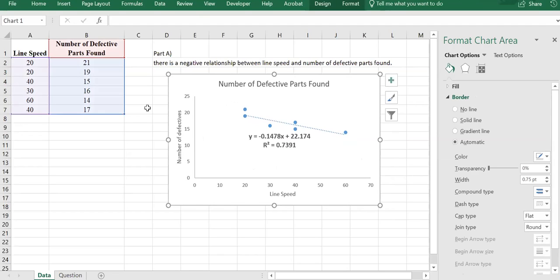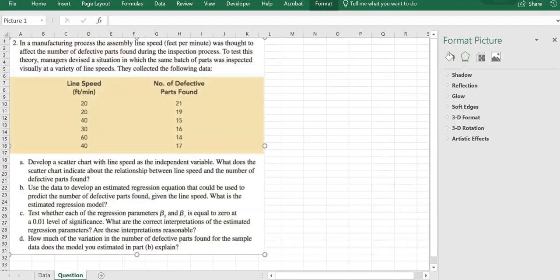So part A, basically develop a scatter chart and make the comment about the relationship. Part B, use the data to develop an estimated regression equation that could be used to predict the number of defective parts found. What is the estimated regression model?